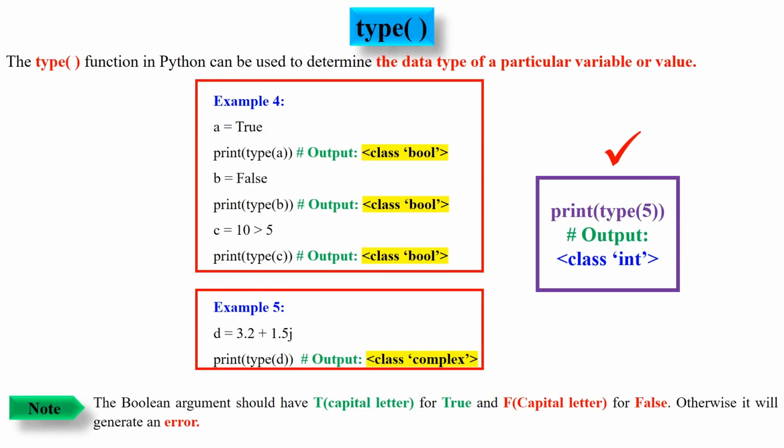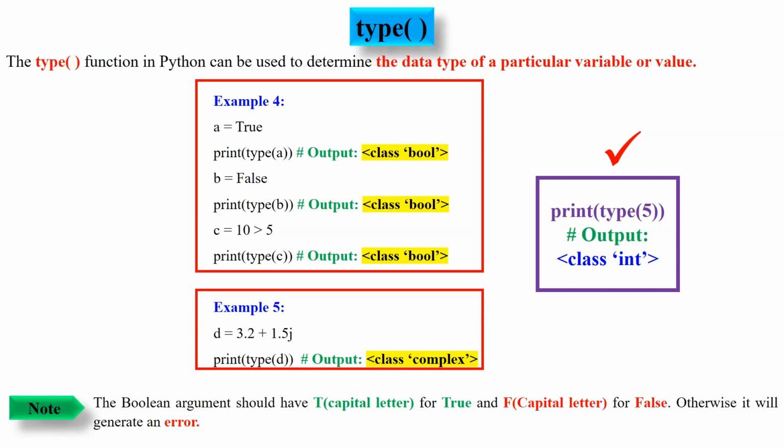In example 4, a equals true assigns the Boolean value true to the variable a. In Python, Boolean values can either be true or false. They represent the two possible states of truth. Next line uses the print function to output the result of the type function applied to the variable a. The type function returns the data type of the object it is called with.